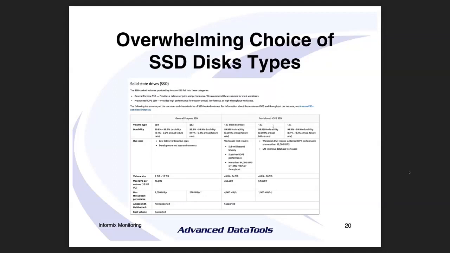The provisioned IOPS SSDs have a faster throughput, and they go up to 64,000 IOPS per second, whereas the general purpose only go up to 16,000. The provisioned IOPS SSDs are also more expensive.